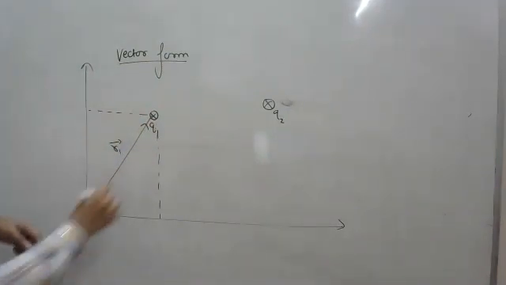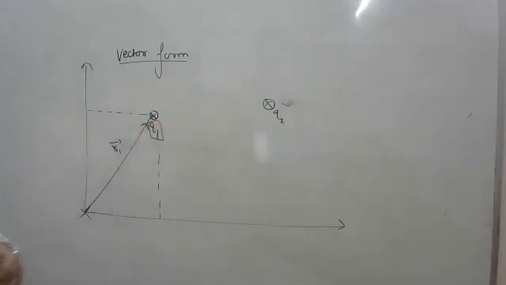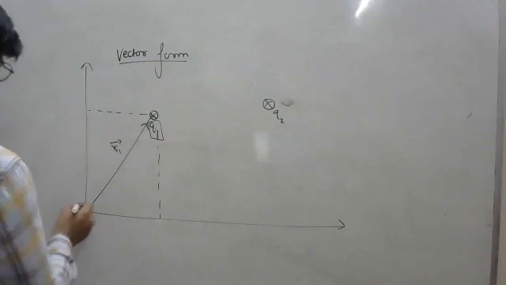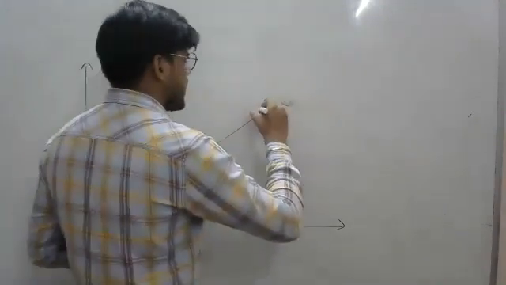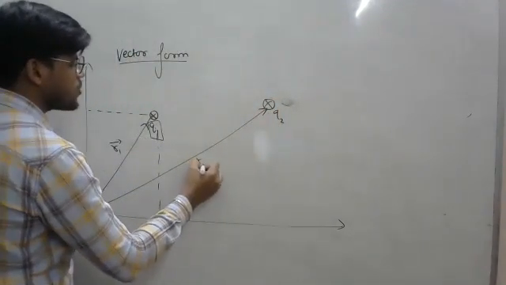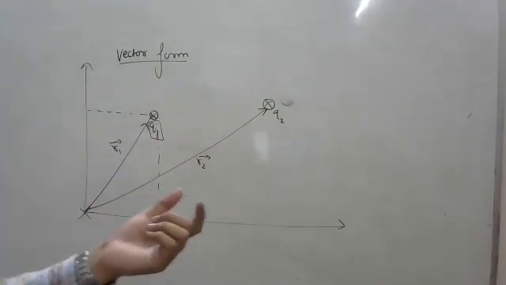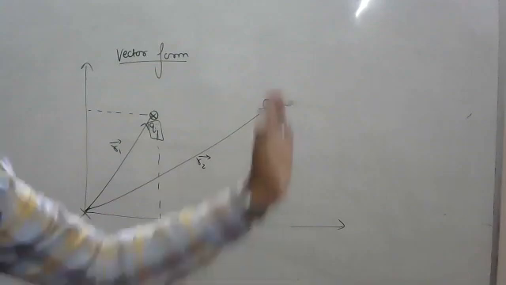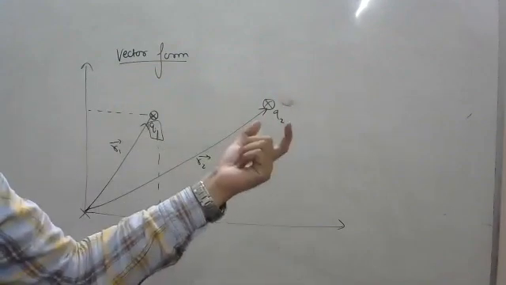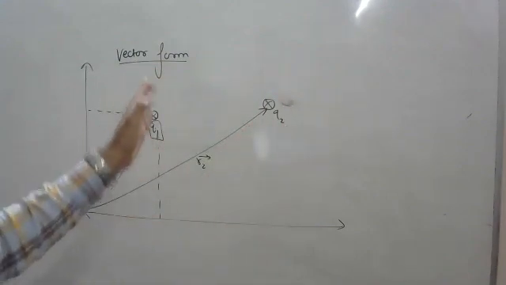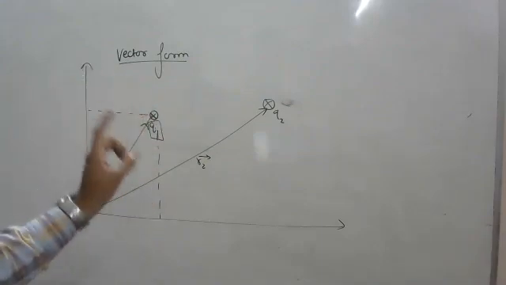Position of charge Q1, let it be R1 vector. And position of charge 2, let it be R2 vector. What do you mean by R2 vector? Generally, this R2 will represent the x coordinate and y coordinate of Q2. R1 will represent the x coordinate and y coordinate for Q1.